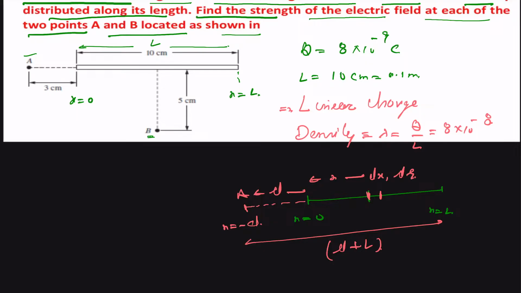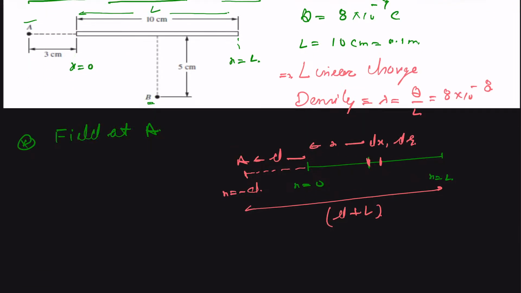Therefore, we can write the electric field at A using the general formula: dE is equal to k dq upon r square.